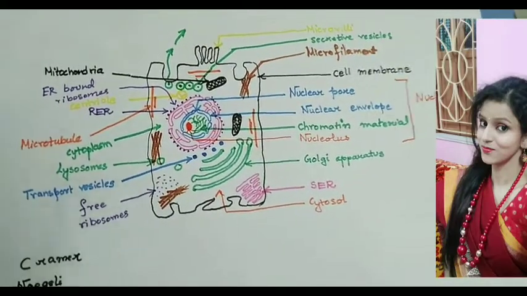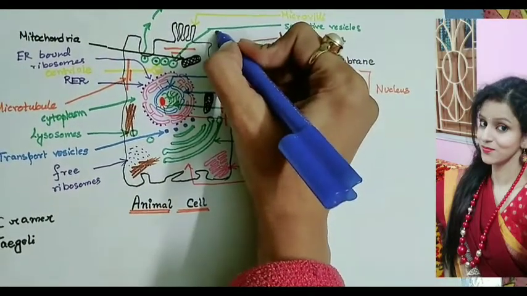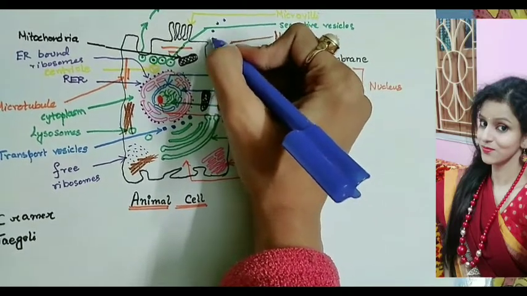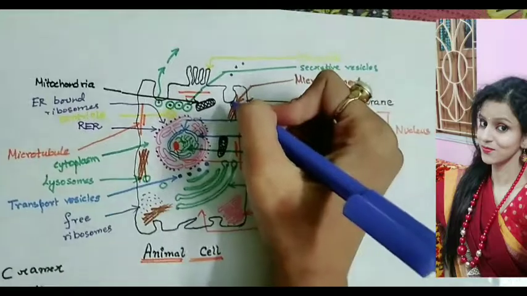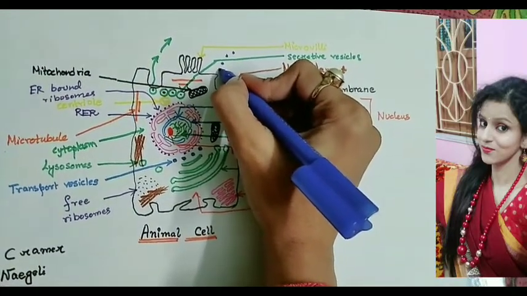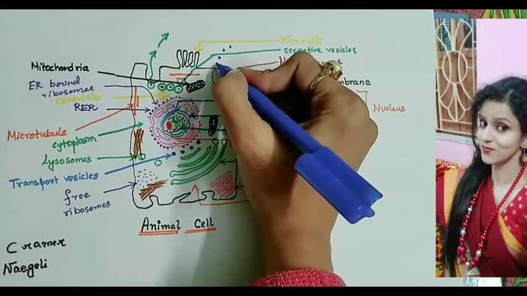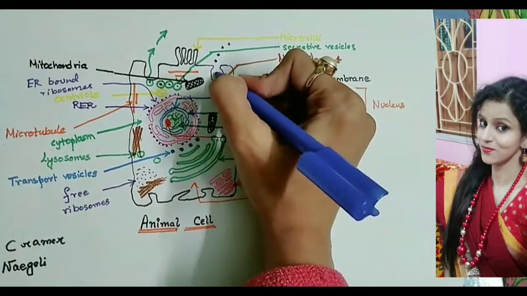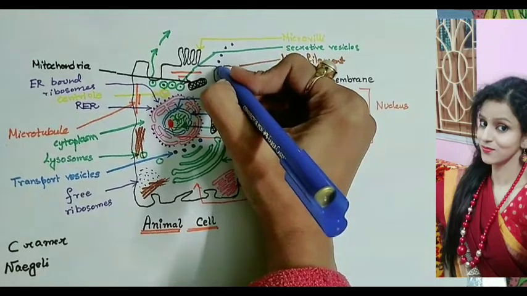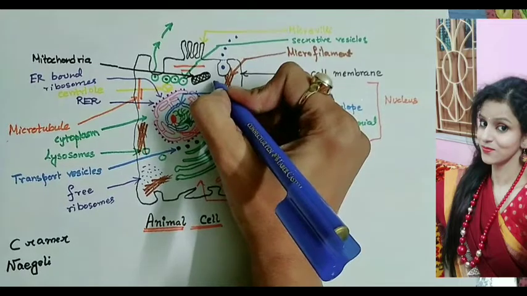Now I will discuss endocytosis, that is, if any chemical wants to come inside the cell. In that case, how is the process done? If any chemical from outside wants to enter the cell, it comes in close contact with the cell, and a cut is created in the plasma membrane, and the small chemicals just fit inside that cut. Then the plasma membrane gets sealed, and when it is sealed, a vesicle is created separately.